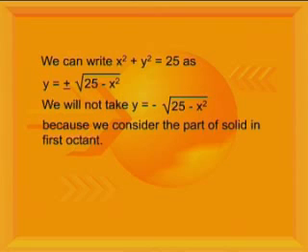± square root of 25 minus x², and we will not take the minus sign because we are in the first octant, and first of all we integrate with respect to y.